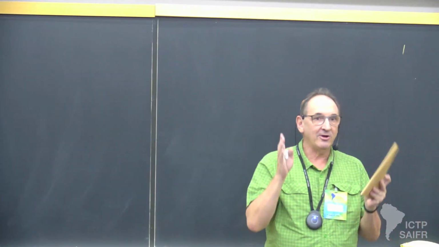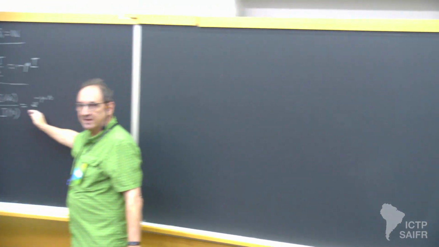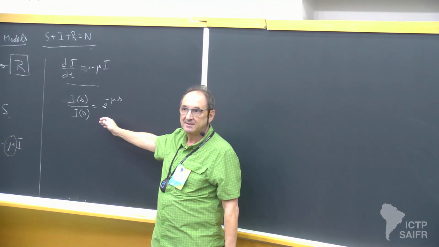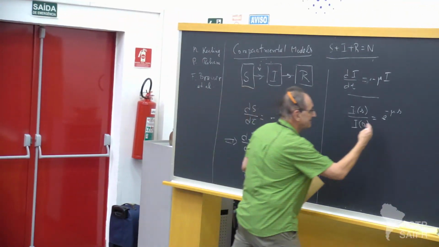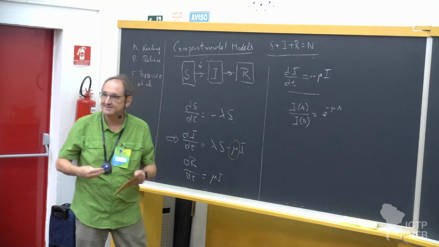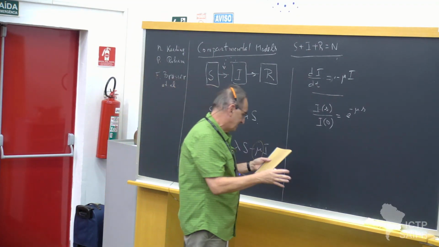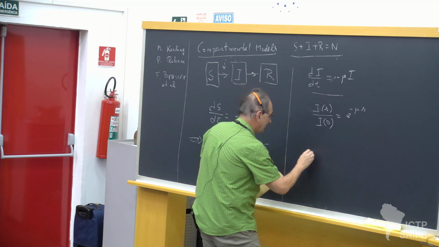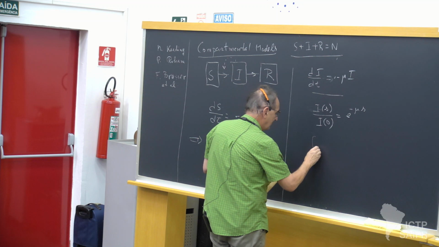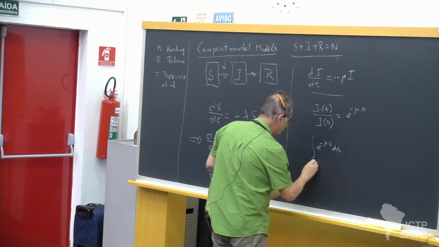can be thought of as being distributed as a decaying exponential. Okay? And if the length is distributed as a decaying exponential, the average time will be given by something like this integral of e to the minus mu s ds from 0 to infinity.